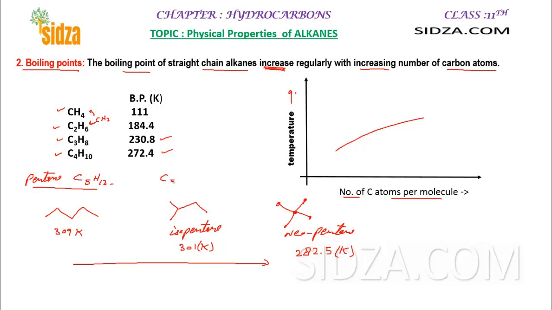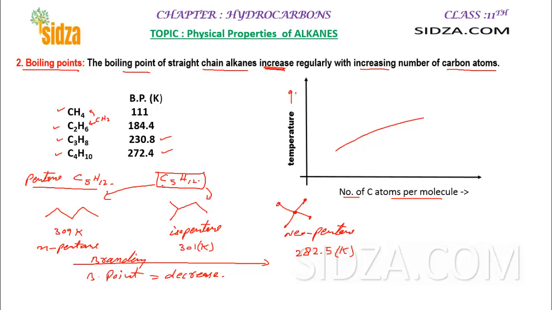The only thing is, one is a normal pentane, called n-pentane, and when branching increases, the boiling point decreases. With the increase in branching, the boiling point decreases, okay?